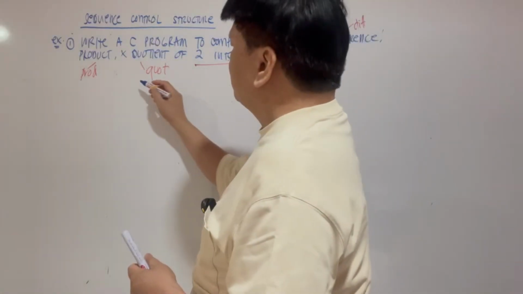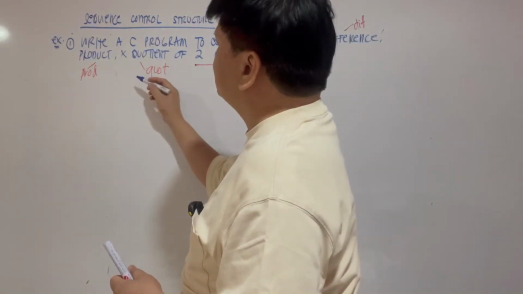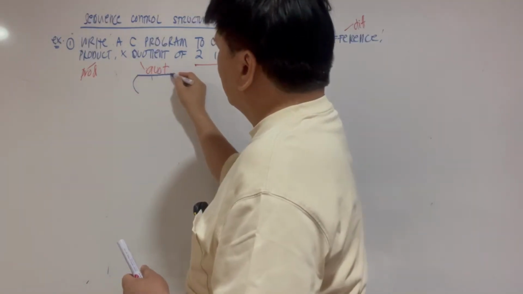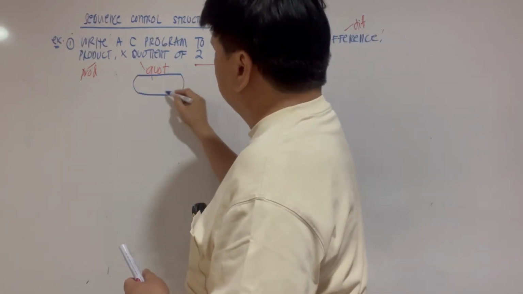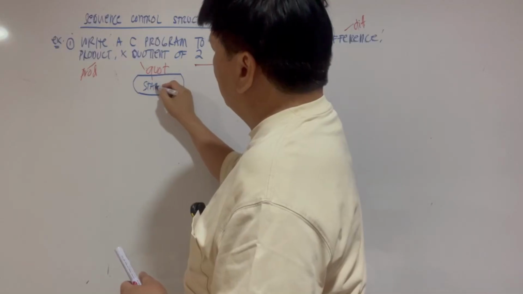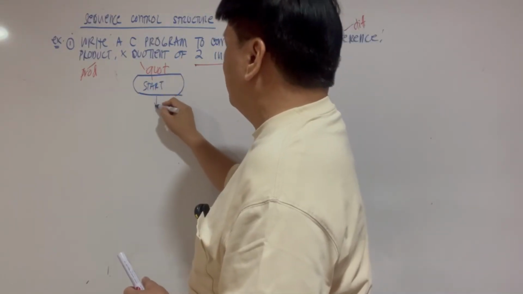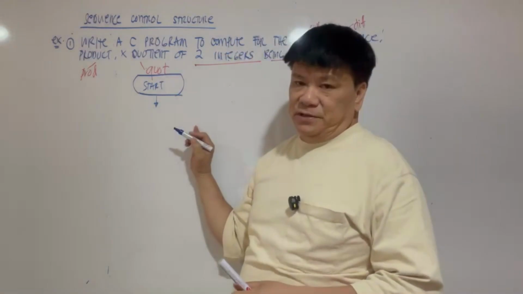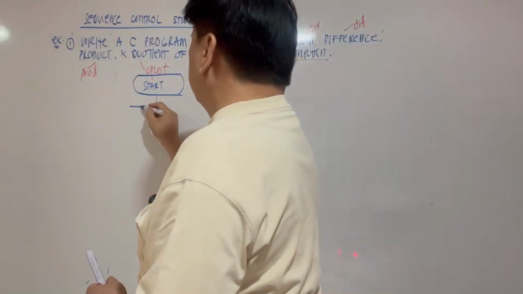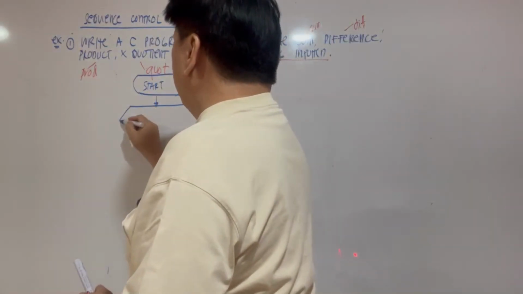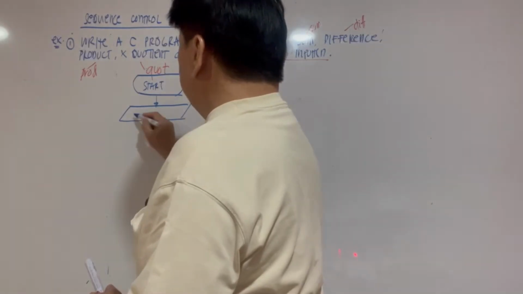So again, we start with this symbol, the oval symbol, to start your flowchart. Then followed by the input. So we use a parallelogram for the input.